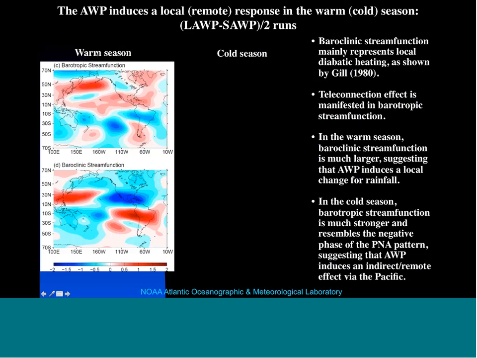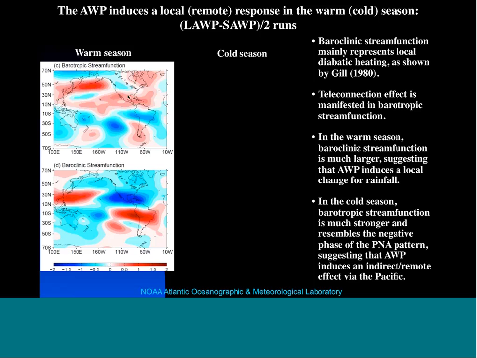We'll first take a look at the warmer season. Top panel shows the barotropic stream function, and lower panel shows the baroclinic stream function. We see that the baroclinic stream function is much stronger than the barotropic stream function, which suggests that during the warmer season, the warm pool induces a local change, which then changes the wind.